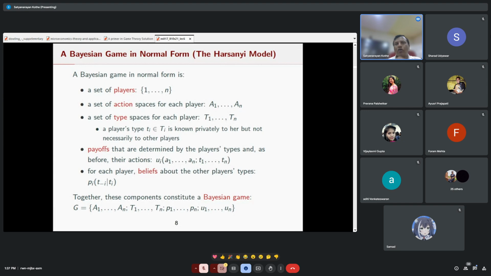Now this is a very important aspect which is introduced here: what this type space is and what it is about. This type space is nothing but the nature or the type of the player. When a batsman is coming onto the field, the bowler has to know what type of batsman it is.